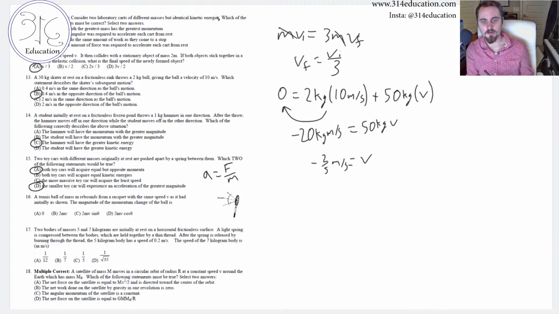So D is also going to be true. 16, we've got a tennis ball of mass m rebounds from a racket with the same speed v that it had initially, as shown here. So it kind of comes in the bottom this way and goes up that way. The magnitude of the momentum change of the ball is going to be what?